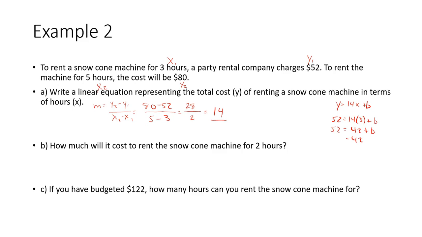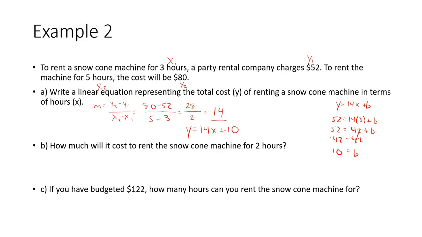And then we subtract 42 from both sides, and we find b is equal to 10. And so again we have 14x plus 10. The same equation, just found in a slightly different way.